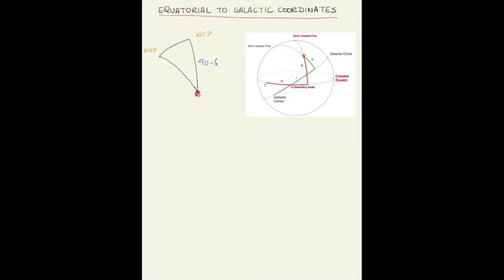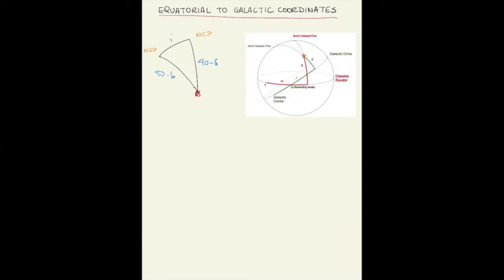From the north galactic pole to the star, that's 90 minus the galactic latitude, little b. And between the north galactic pole and north celestial pole, that's the inclination between the celestial equator and the galactic circle, called I.